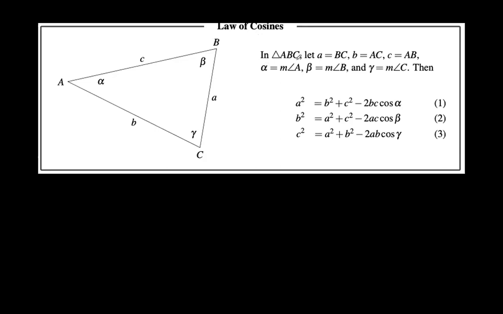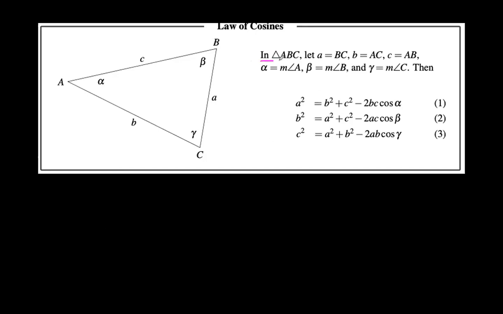So in triangle ABC, let me just change the color of my pen. In triangle ABC, let A is equal to BC, the opposite of angle A or vertex A. All right, and side B is equal to AC, which means opposite of vertex B, and side C is equal to AB, or the opposite of vertex C, as I told you so.